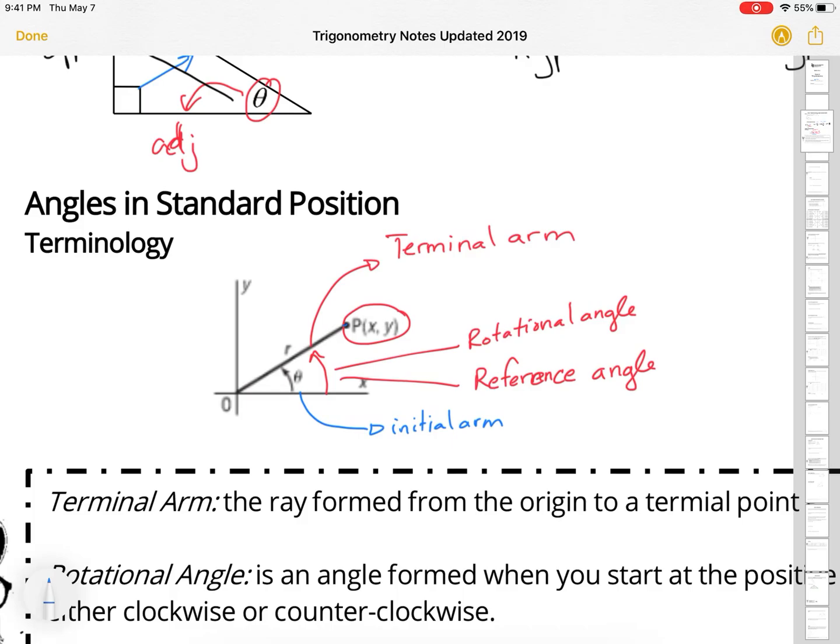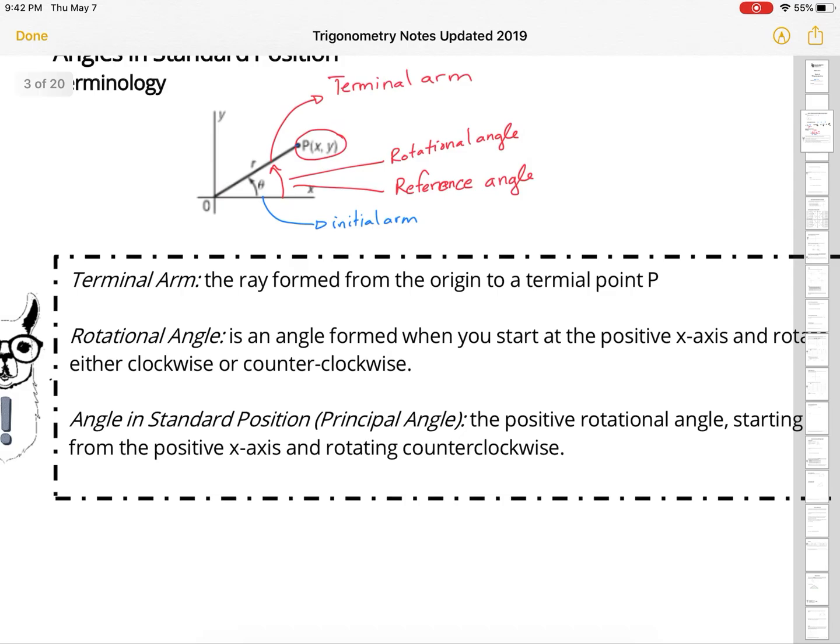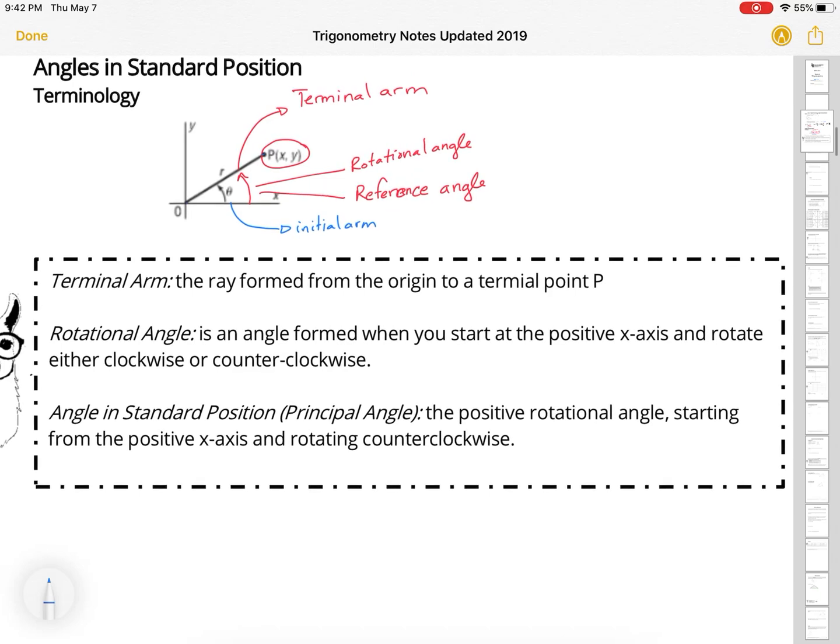Okay. Obviously, we're talking about angle theta. The length of that arm is called r, and the point would be at x, y. The terminal arm is the ray that is formed from the origin to the terminal point, P. The rotational angle is the angle formed when you start at the positive x-axis and rotate either clockwise or counterclockwise. Most of the time we're talking counterclockwise.